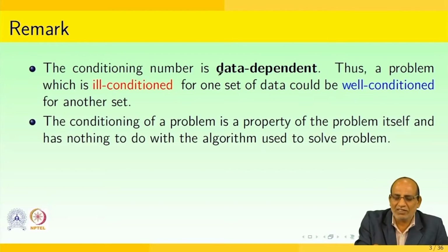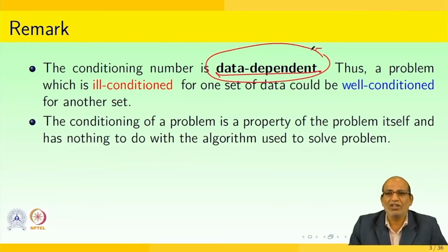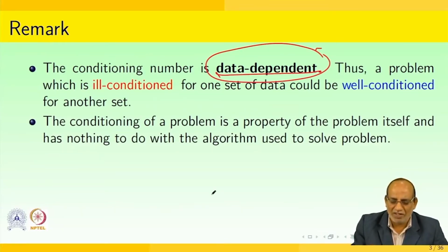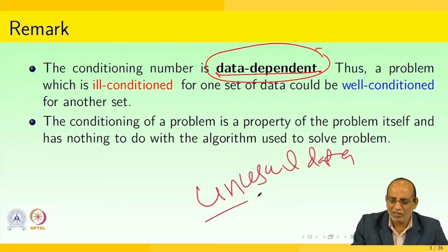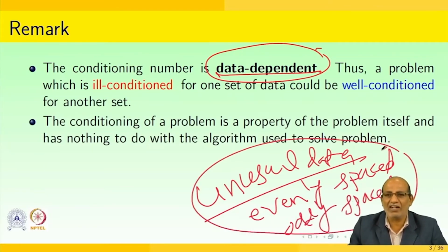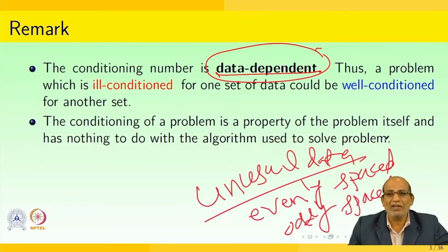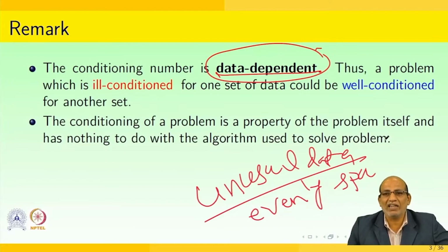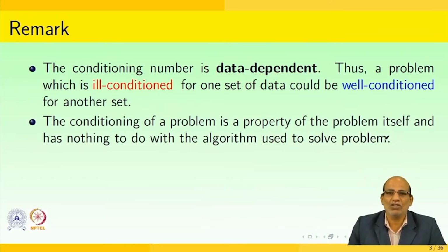That means if the data is not very proper, or you have very unusual data, maybe evenly spaced or oddly spaced data, then it would be very unlikely to find a solution to such systems. That means the condition number is data dependent.